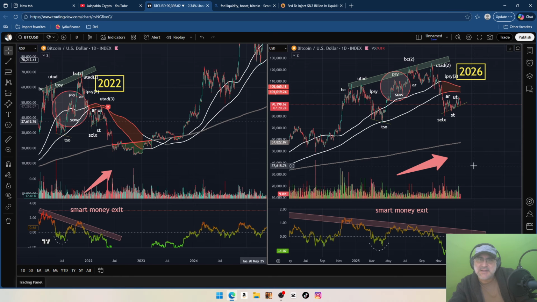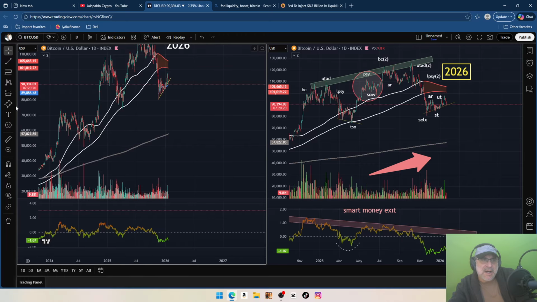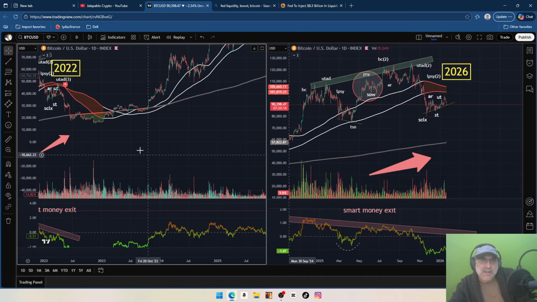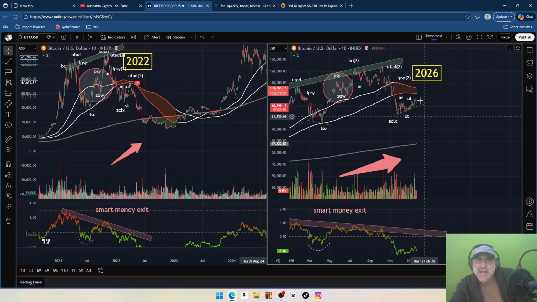Well, it means that we may be embarking upon a similar situation to what we saw in 2022 and in 2018 and in 2014 and in 2011, that we're going to have attempts at the Iron Dome, but ultimately Bitcoin will not prevail through it and have a subsequent rejection and markdown to the 200 weekly.